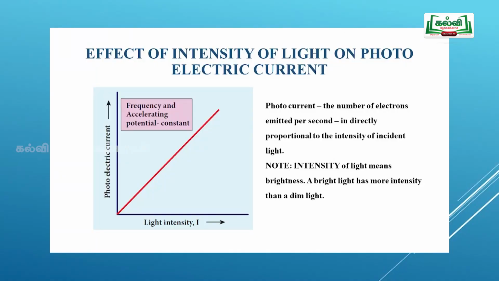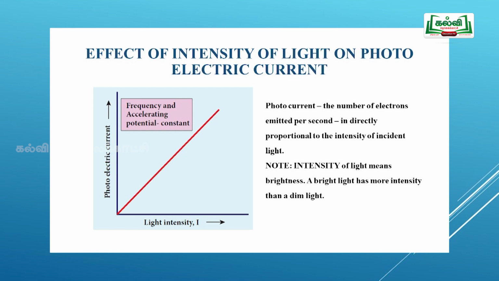The first graph is drawn between the intensity of incident light and photoelectric current. Here we keep the frequency and the accelerating potential constant. Light intensity is proportional to the number of electrons emitted per second.